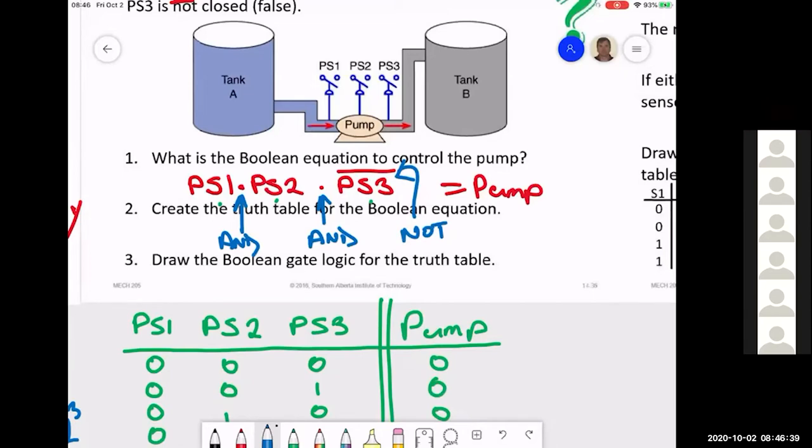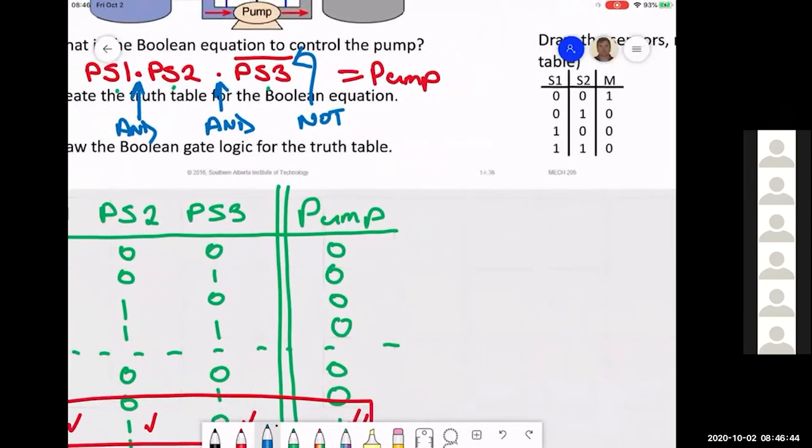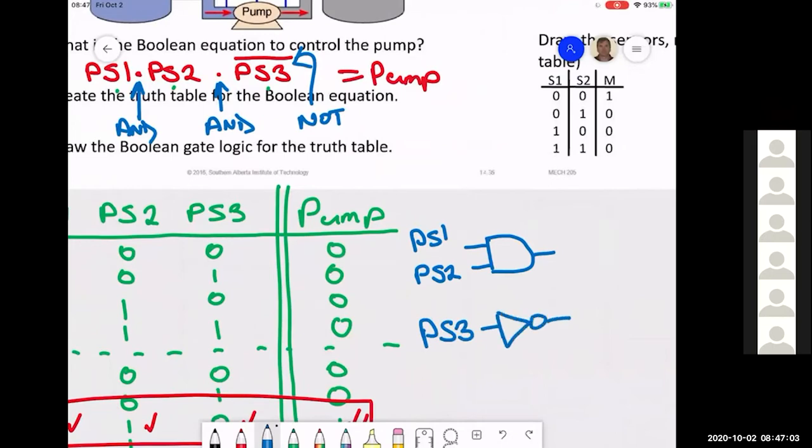So I'm going to use AND gates and NOT gates. We've got an AND. One output, two inputs. PS1, PS2. PS3 needs to get inverted. Okay, so that's that AND taken care of. That's that NOT taken care of.